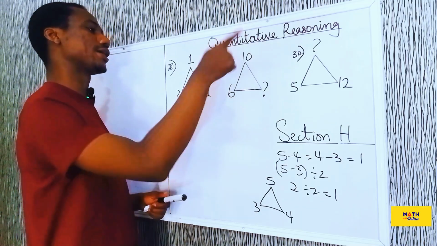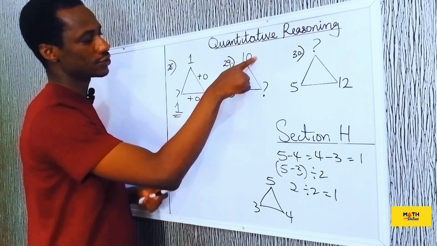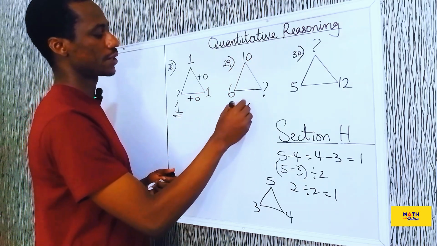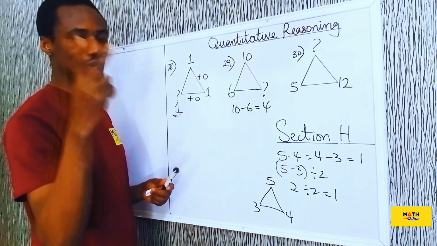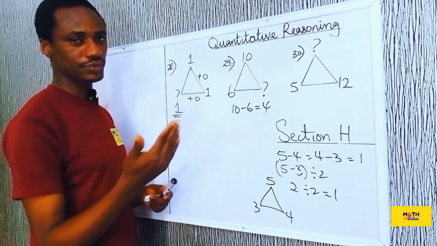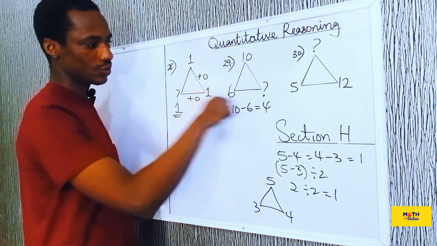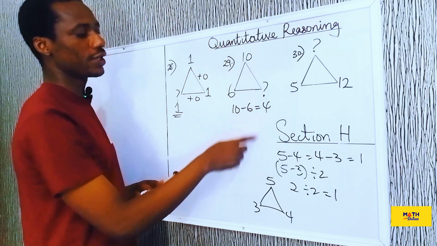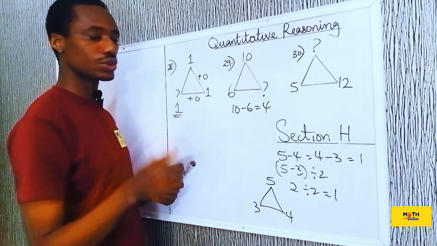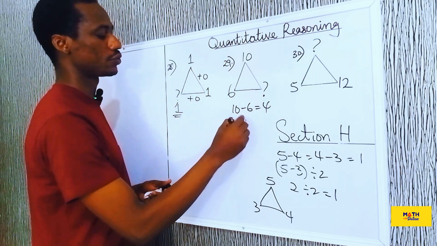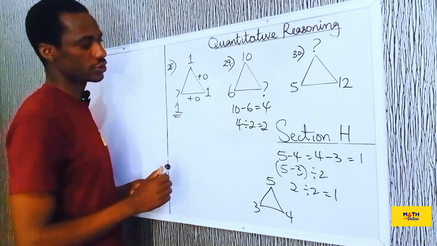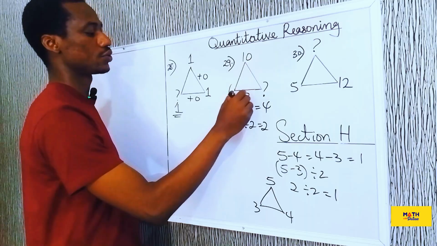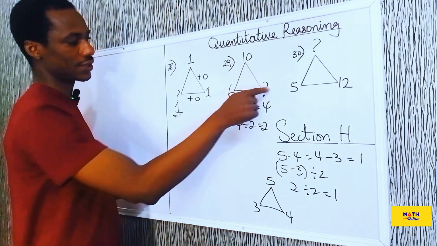We add the number again to this, we got 10. So if you are now subtracting 10 minus 6, you're going to have 4. This 4 is twice of the number that we are adding, because we've added it twice. So if we want to know our common difference, you have to do 4 divided by 2, which is 2.